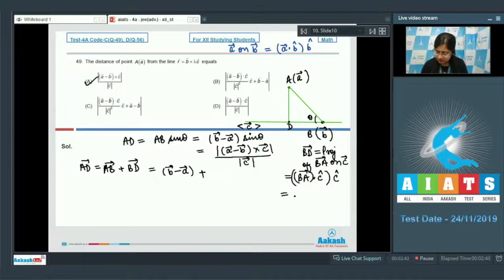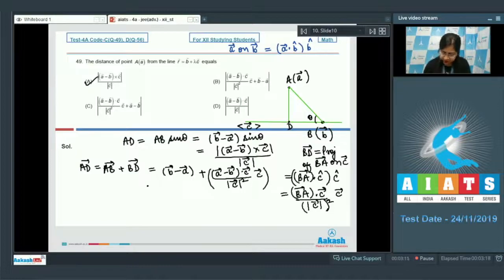So BA vector dot C cap can be written with C vector divided by modulus of C. So writing it here, BD vector will be equal to BA vector, that is A vector minus B vector, dot C vector divided by mod C whole square into C vector. Now it can be seen that this is given in option number B. So answer is A and B.